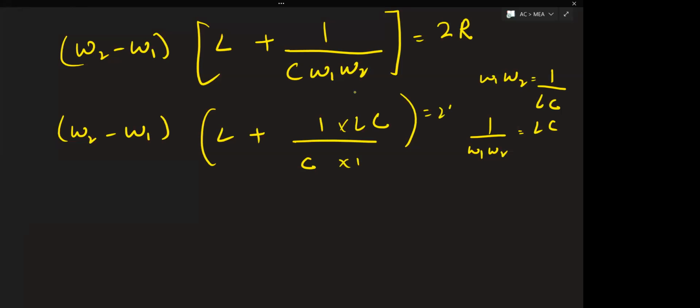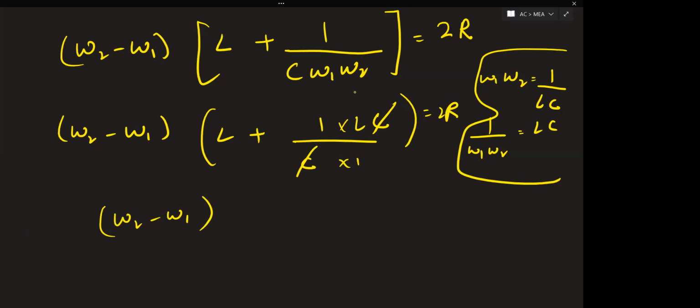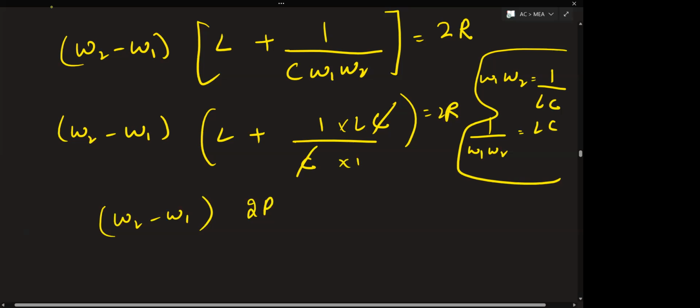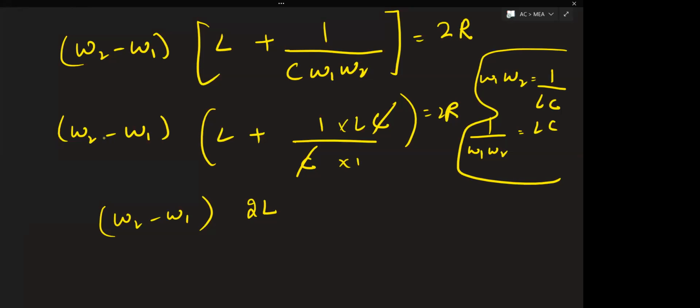This is equal to 2R. So C gets cancelled. Omega 2 minus omega 1 multiplied by 2L. L plus L becomes 2L. 2L is equal to 2R.